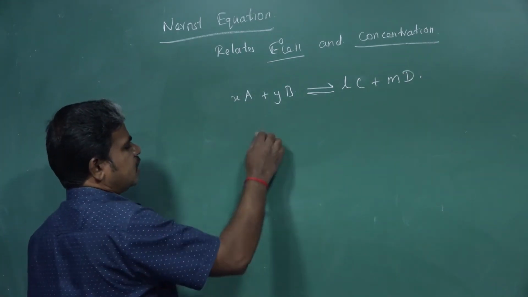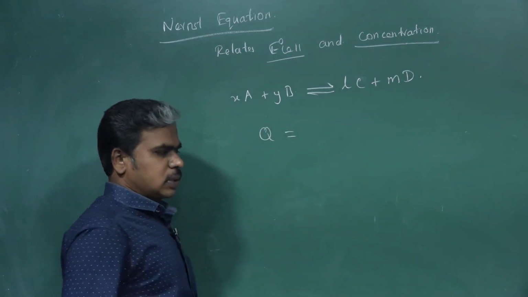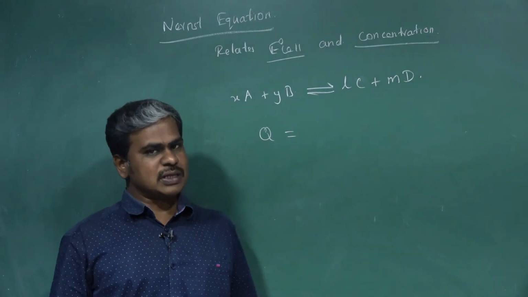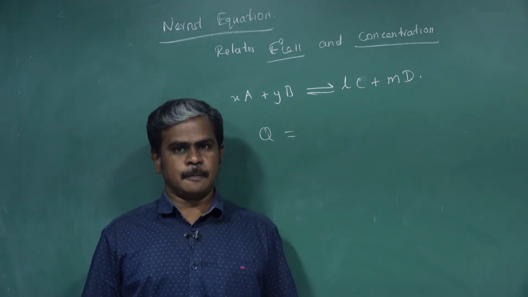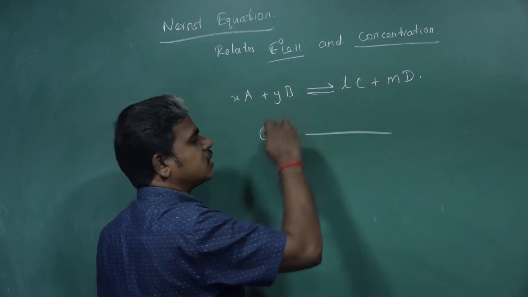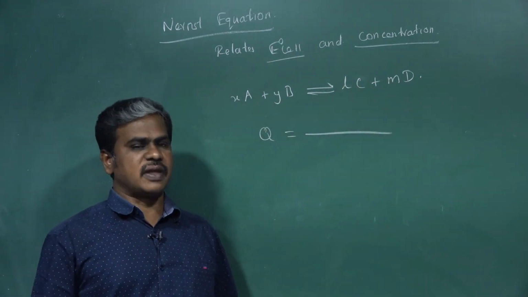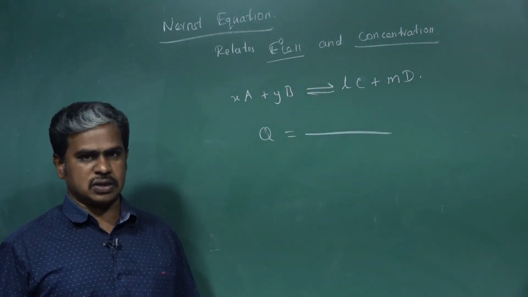Now we may take the Q value of that equilibrium. You know the Q value and the Kc value. What is the Q value? Under non-equilibrium condition, it is the ratio of the product of concentrations of the products to the product of concentrations of the reactants, with the coefficients raised as powers.